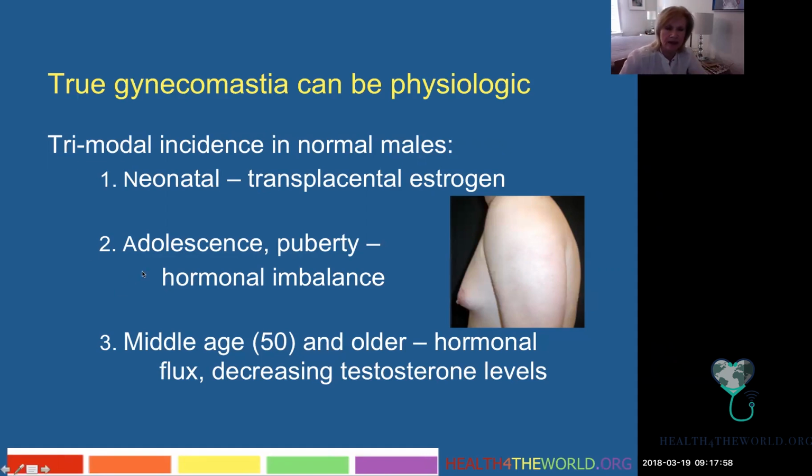Then again, in adolescence and puberty, there is hormonal imbalance, which stimulates the breast tissue. And these adolescent boys can get some gynecomastia, as in this case, and that usually resolves as well. Then third, around middle age and older, there's hormonal flux with changing testosterone levels in normal men, and so they can have a little gynecomastia at that point as well.